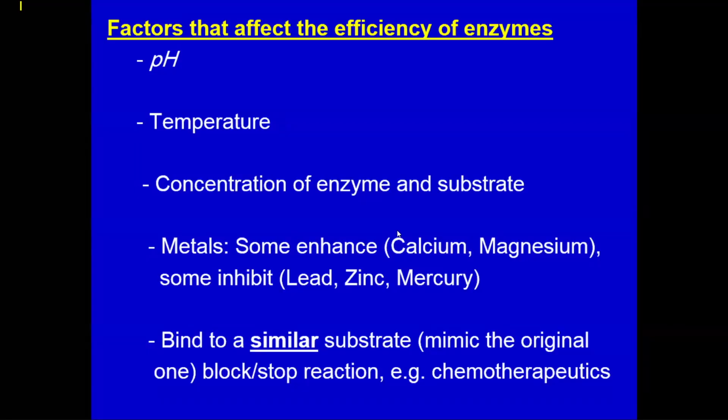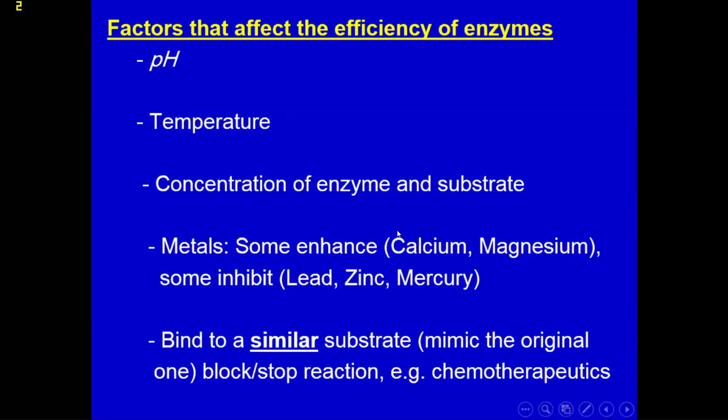The efficiency of enzymes is affected by many factors: the pH of the environment, temperature, concentration of the enzyme and the substrate, and the presence of metals. Some metals increase the activity of enzymes, like what? Calcium and magnesium.